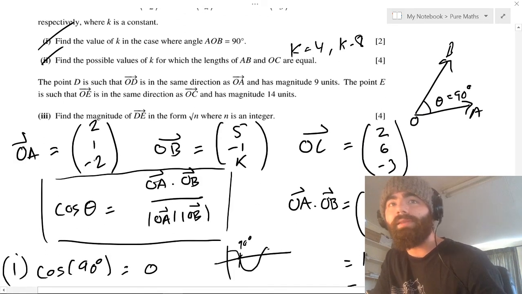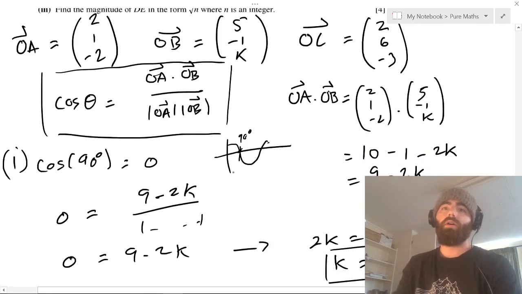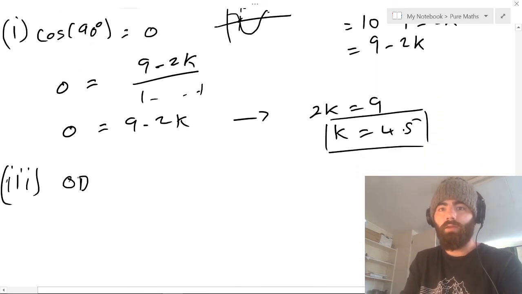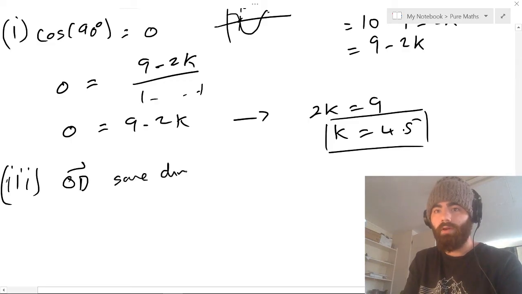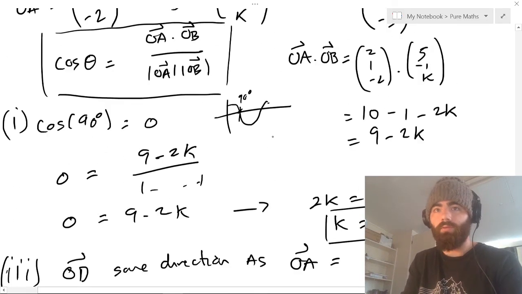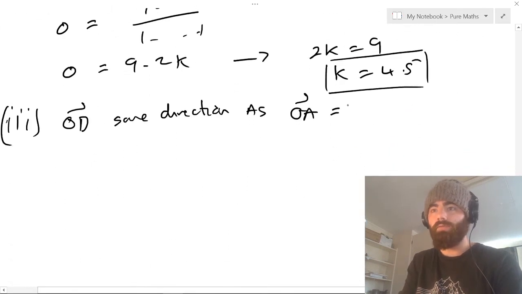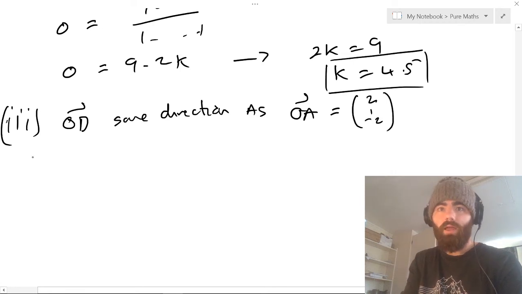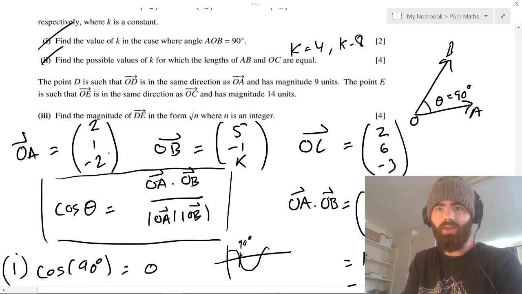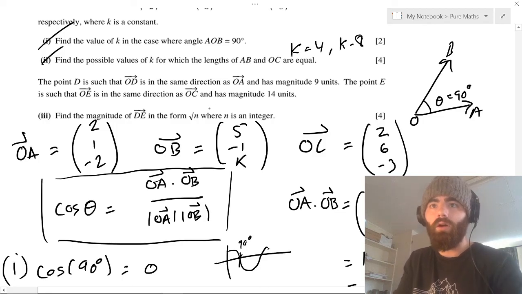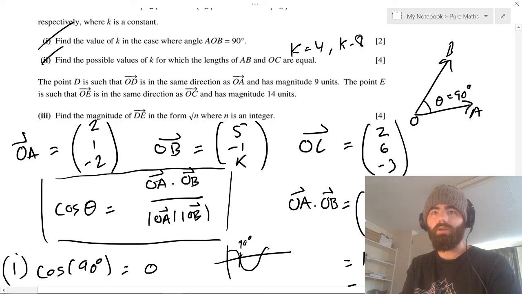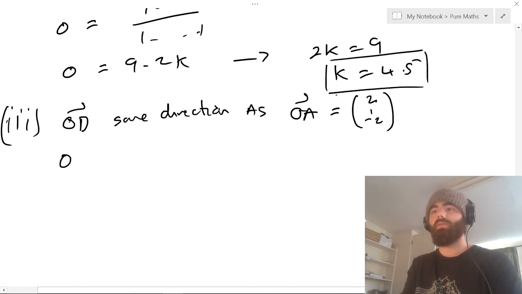The point E is such that OE is in the same direction as OC. So OD is in the same direction as OA, and OA equals (2, 1, -2), and OE is in the same direction of OC and has a magnitude of 14 units.